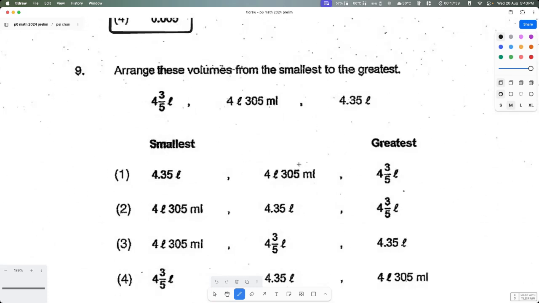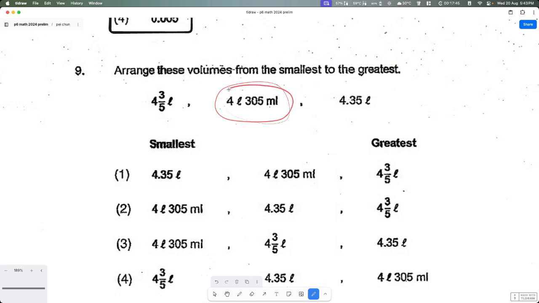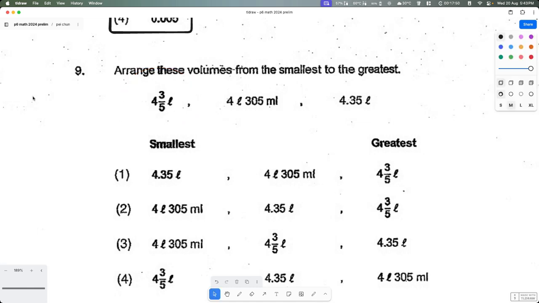Question number 9. Arrange these volumes from smallest to greatest. That's what you see over here. All right, so I want to convert this to milliliters. For 4 and 3 over 5 liters, let's try 3 over 5 times 1000.